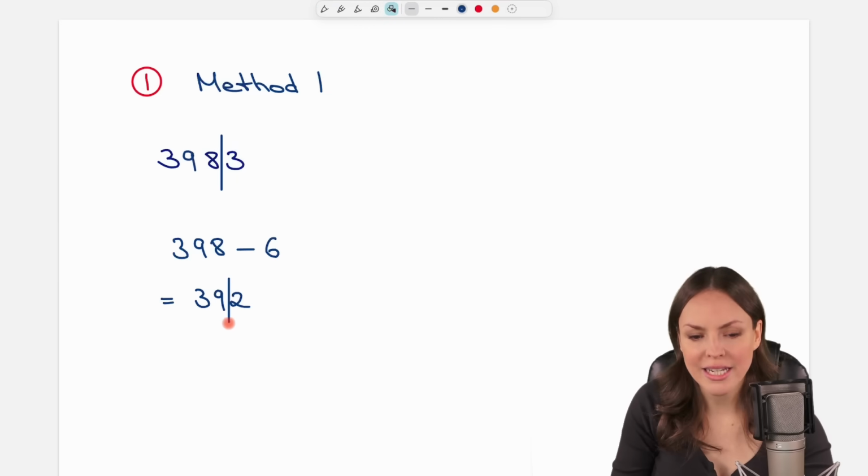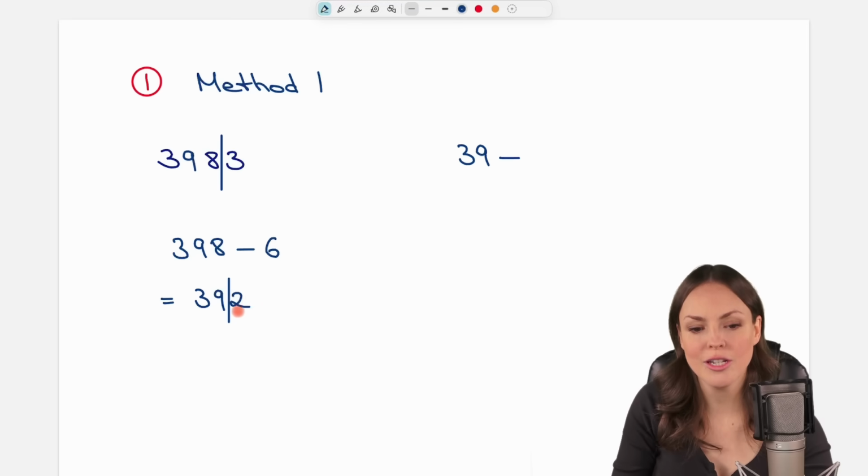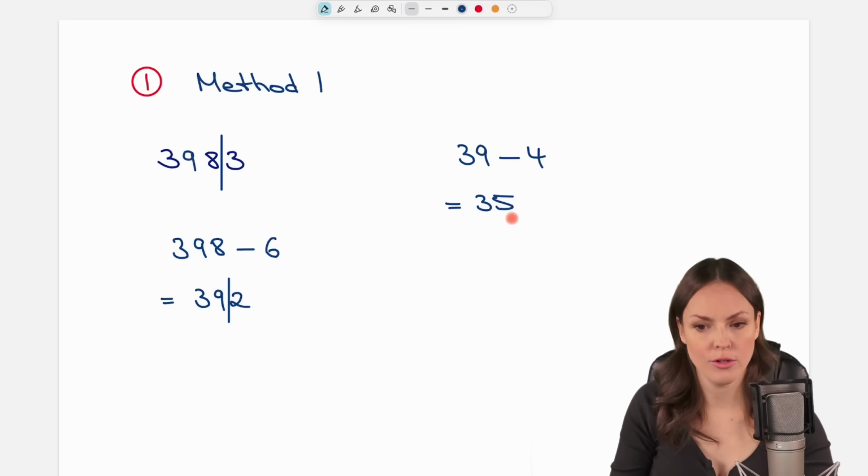We separate the last digit, then we take this number here on the left side. This time it's the 39. We always subtract twice this last digit, so 2 times 2 equals 4. We get 35 as a result.